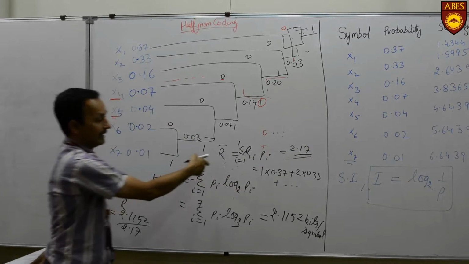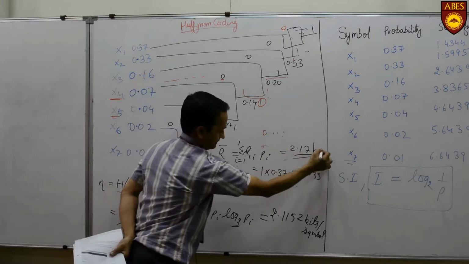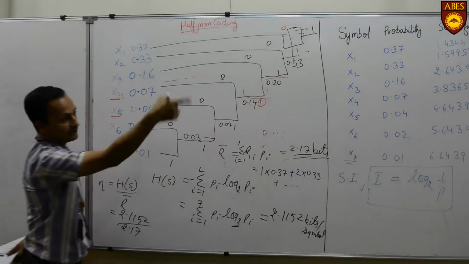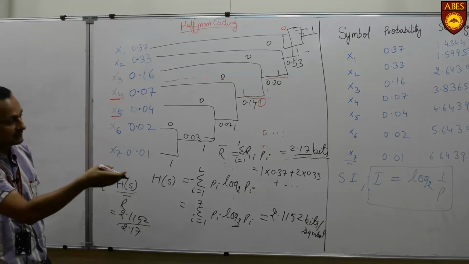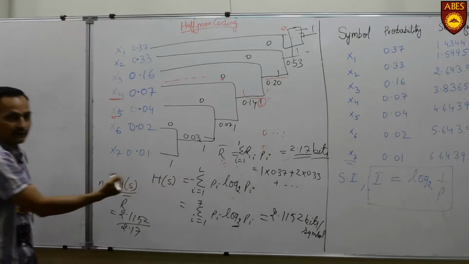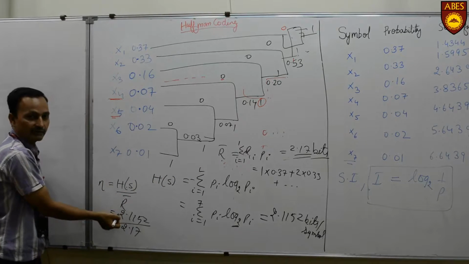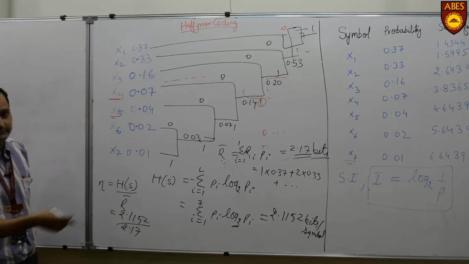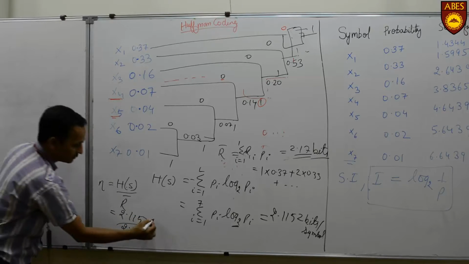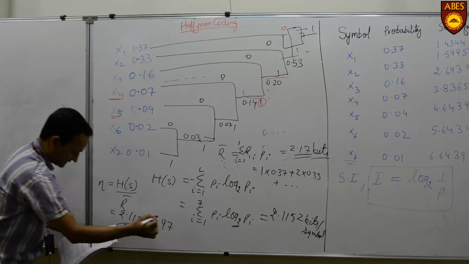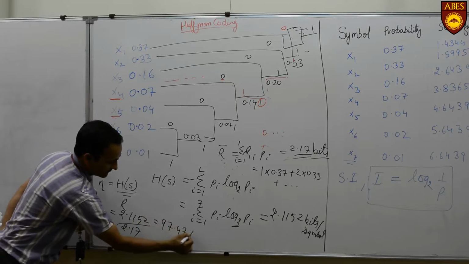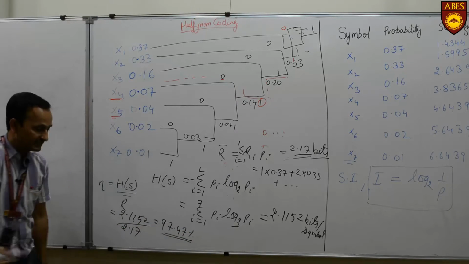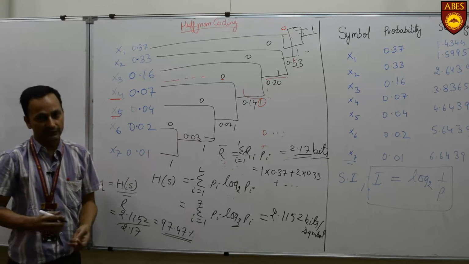This R bar has the unit of bits, because I had used only bits to encode the symbols. So I divide this H of S by R bar to calculate the efficiency of this Huffman coding, which comes out to be 97.47%. This is the efficiency I am getting for my Huffman coding.